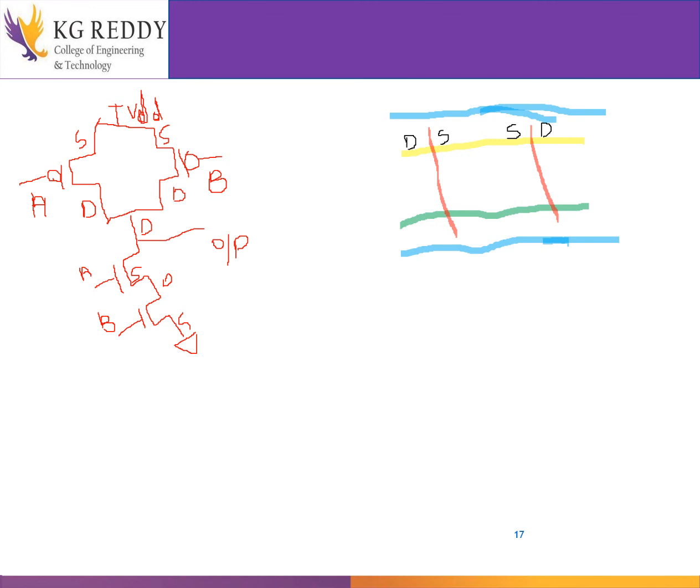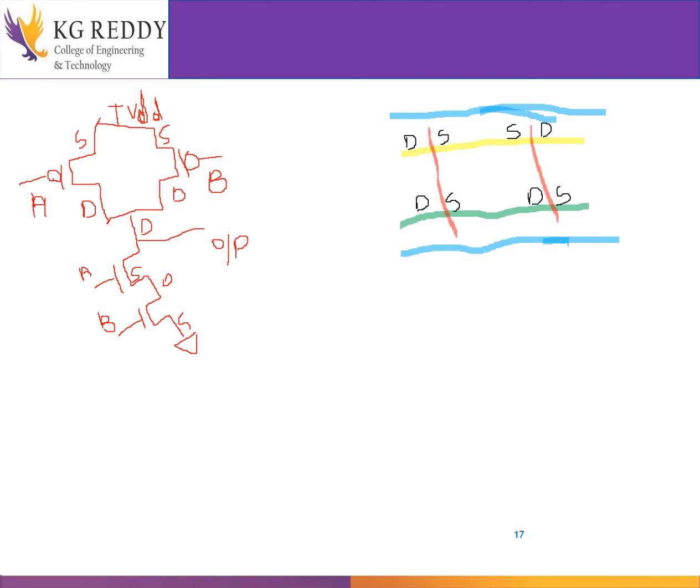So now for this complete transistor I have represented the gate, source, and drain terminals. Coming to the pull down network, the pull down transistor: here the source and drain are shorted, so I take this as source, and this is my drain. So obviously this will be my source, and this will be my drain.